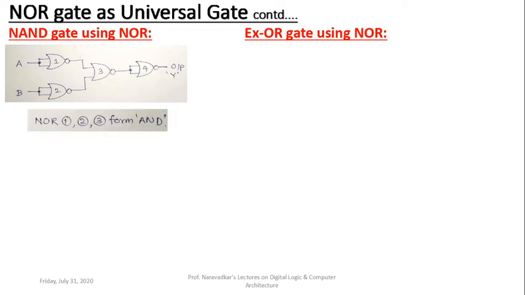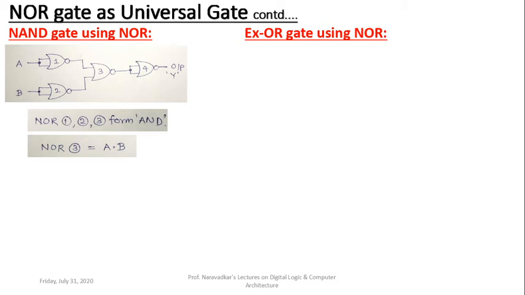First of all, let me write here without repetition that NOR gates 1, 2, 3 form the AND gate. It has just now been proved. And then the NOR gate 3 output, as this is the AND gate, will be AB, A dot B. And then finally this AB will be input for the fourth NOR gate, which is working as an inverter or NOT gate.